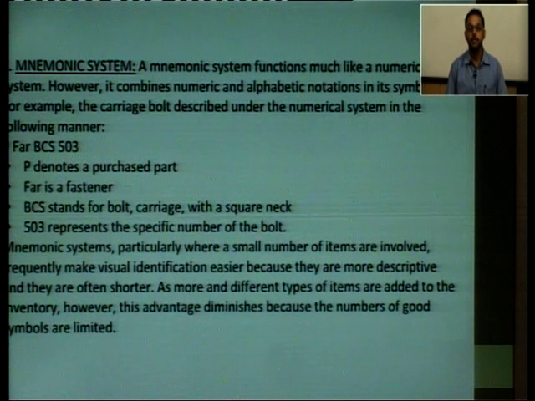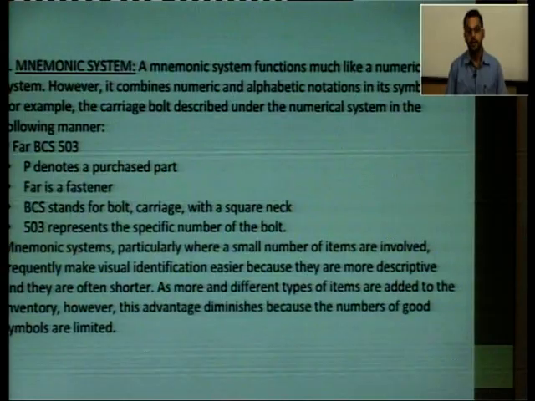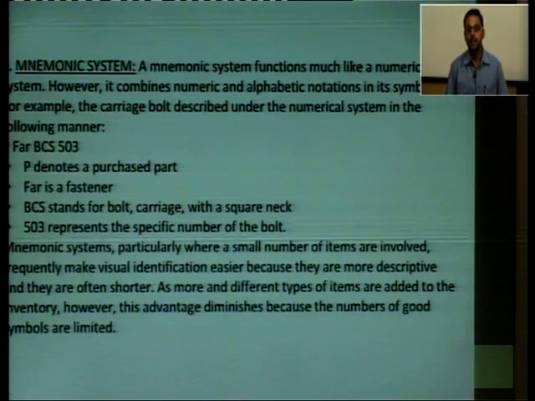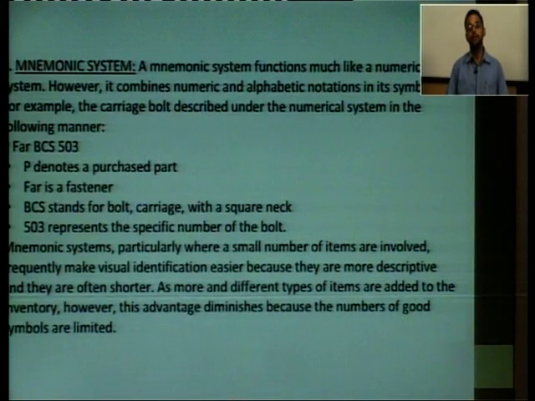Mnemonic systems, particularly where a small number of items are involved, frequently make visual identification easier because they are more descriptive and they are often shorter. And see, if we are working again and again on some items, we are able to identify the things before even seeing them.